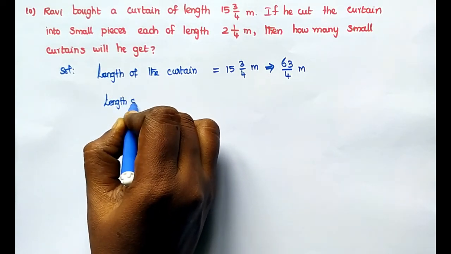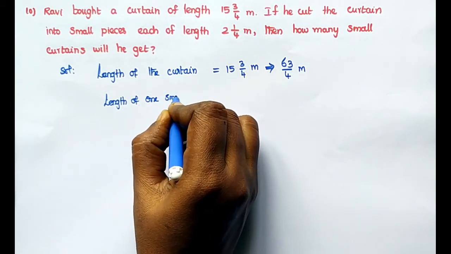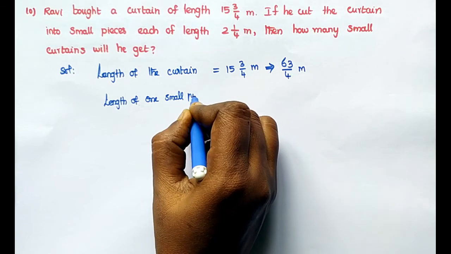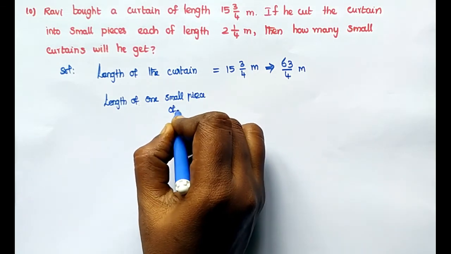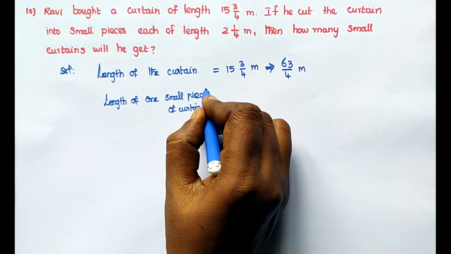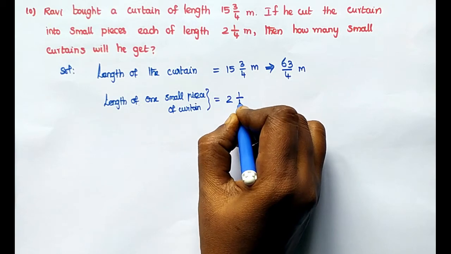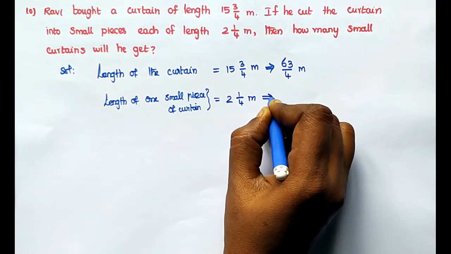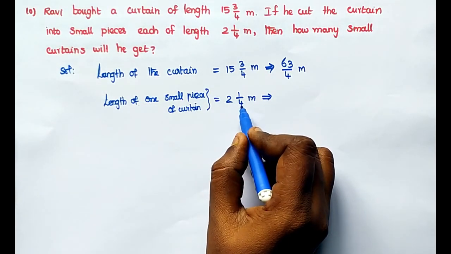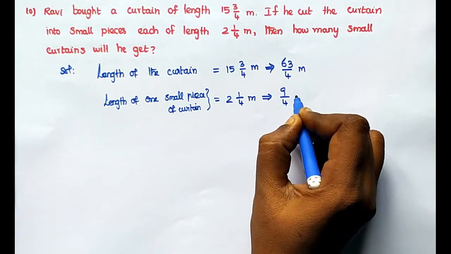Length of one small piece of curtain is equal to 2 1 by 4 meters. 2 1 by 4 means 2 4s are 8 plus 1, 9 by 4 meters.